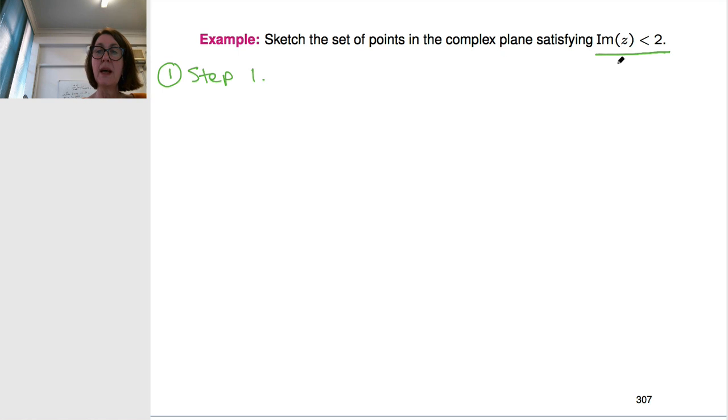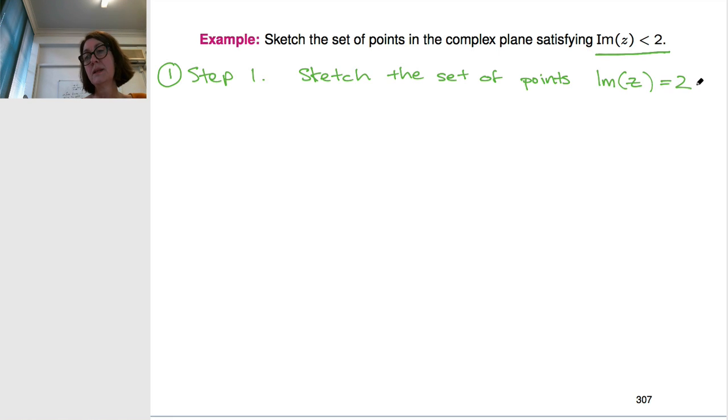Instead of looking at the imaginary part of Z is less than 2, I'm going to look at sketching the set of points where the imaginary part of Z is equal to 2. Let's see if we can do that first, and then we might be able to figure out how to do that one.